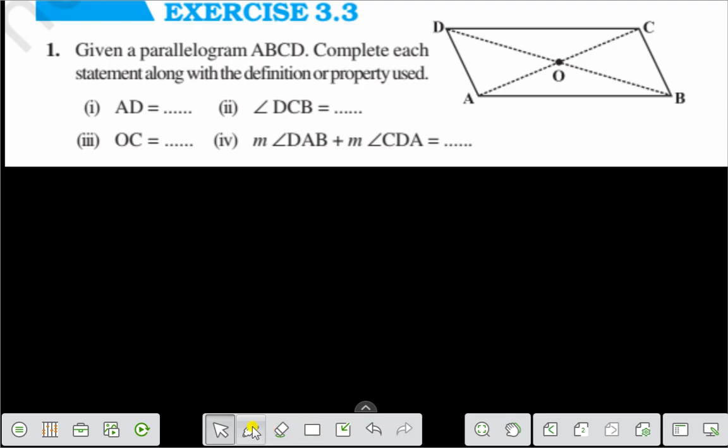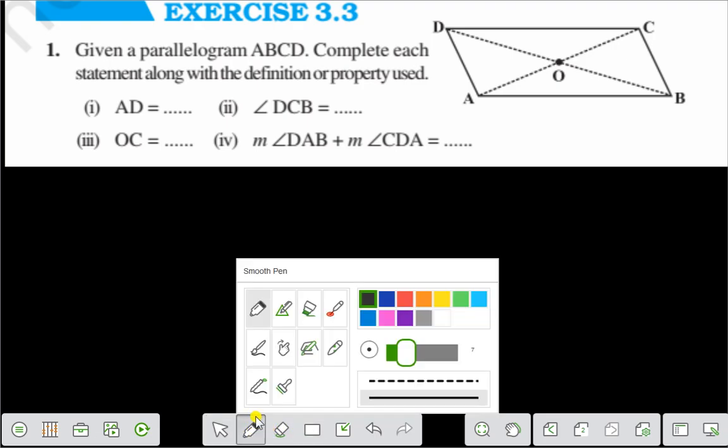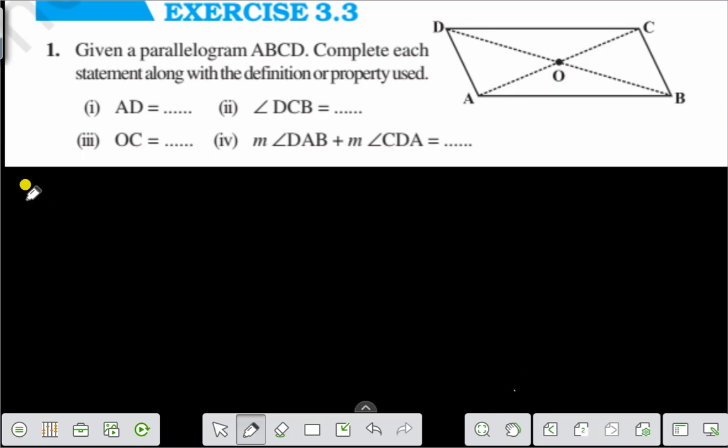Here you see number 1 is AD, this side AD is equal to, this side is AD.